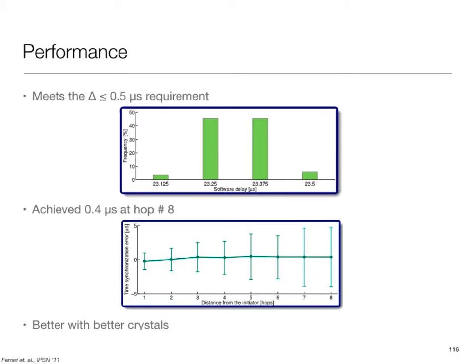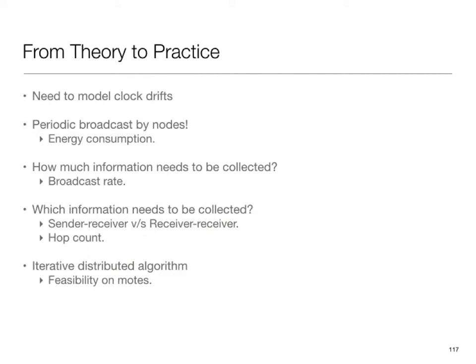They achieved 0.4 microsecond accuracy over an 8 hop distance, which is pretty amazing for a pretty low end radio. So that was one example.